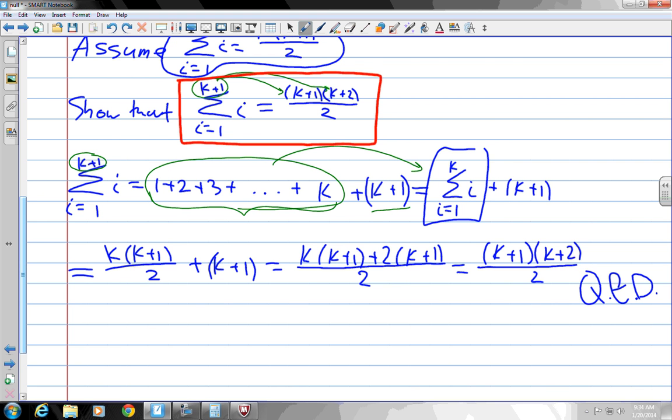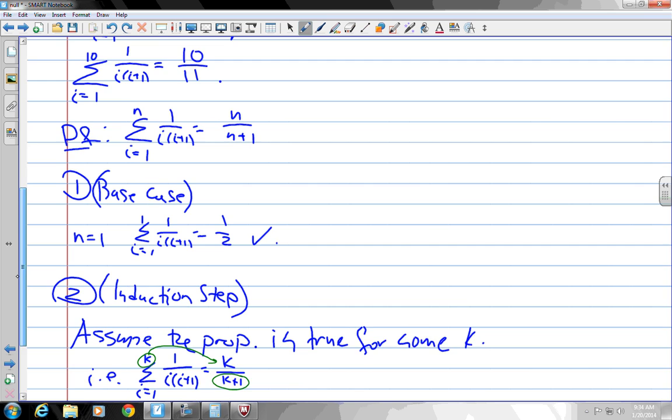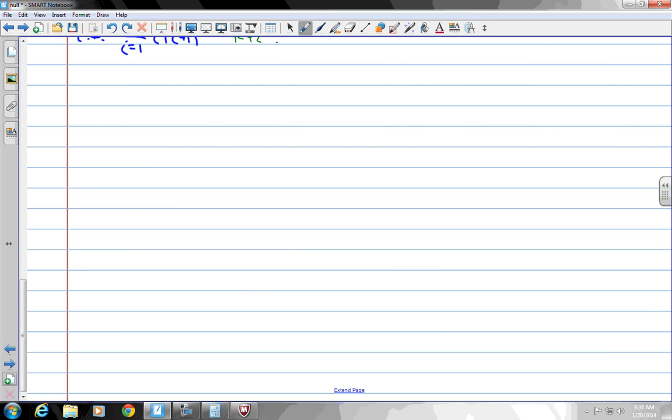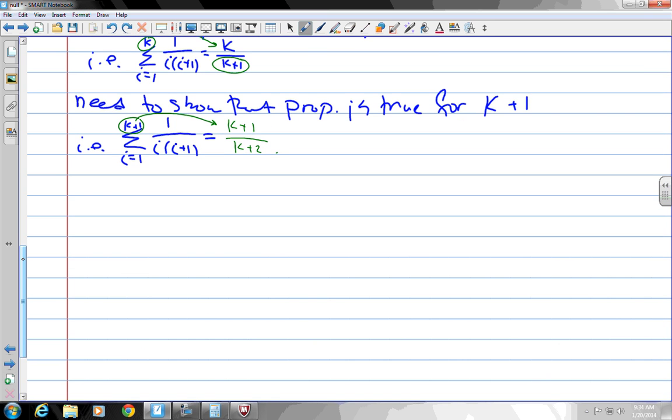It's because this is the way the addition works, just basic addition. So that means I can take this expression that I'm trying to prove, the summation as i goes from 1 to k plus 1 of 1 over i plus 1, that equals the sum of the first k steps, so that's i goes from 1 to k, plus the k plus 1 step.